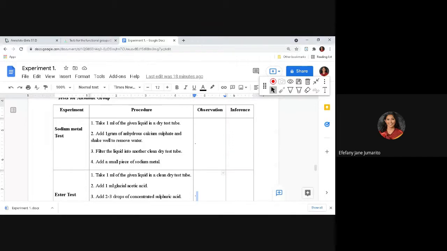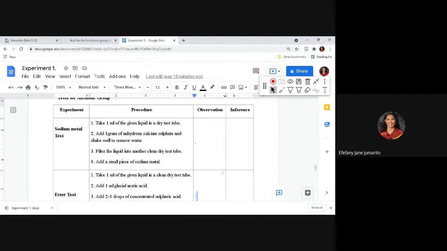Then you are going to pour 1 ml only into your test tube. Then number 2, add 1 gram of anhydrous calcium sulfate and shake well to remove water.